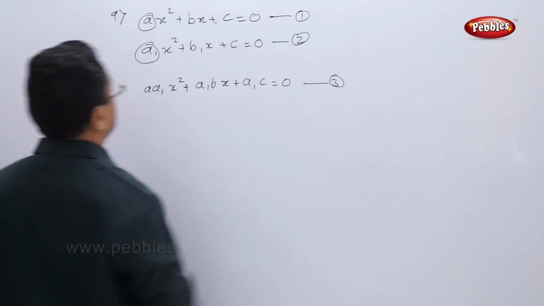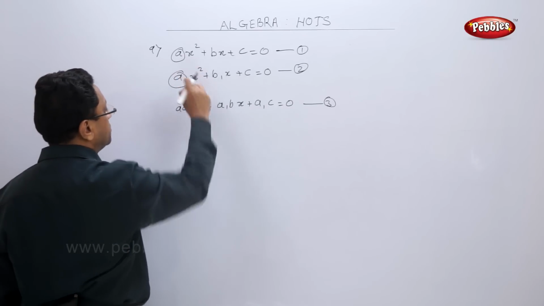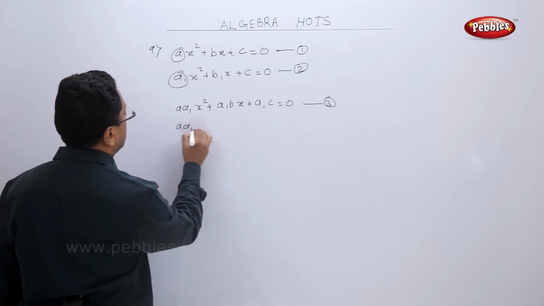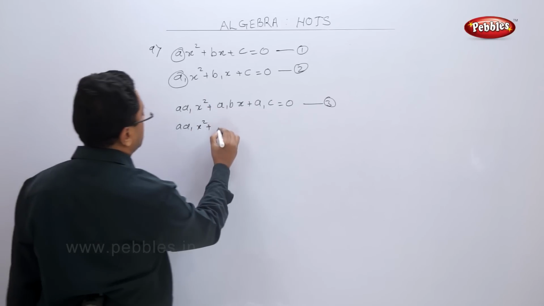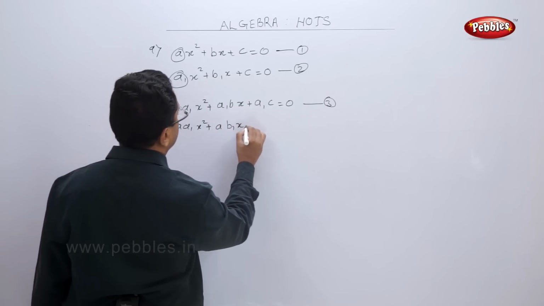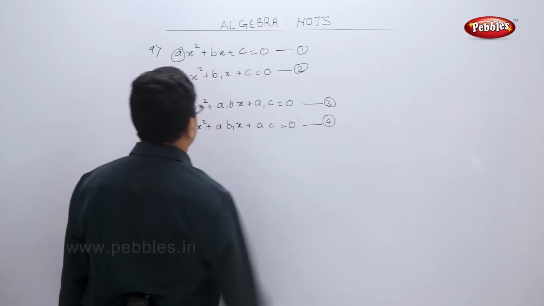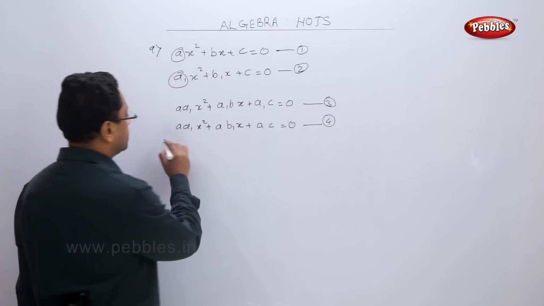This is the third I got, and if I multiply this by a, what will I get? Again a1 x square plus a b1 x plus ac equal to 0. Now can you see, can I subtract?